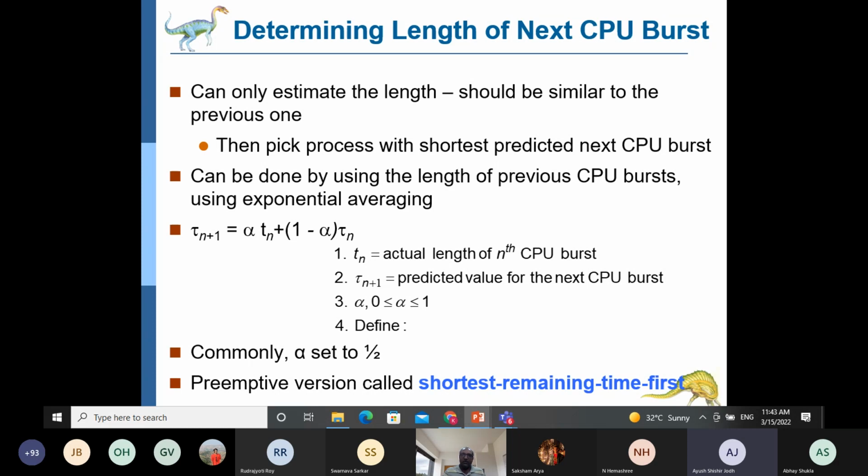So for every burst, we should be aware which one among these in this particular time slot has the least burst, and that has to be given first. That way you can say the preemptive version of shortest job first can be viewed as shortest remaining time first. So this is nothing but the preemptive version. This also we'll see later.